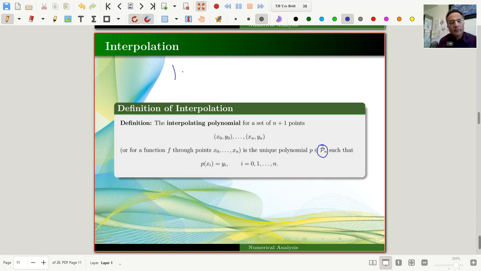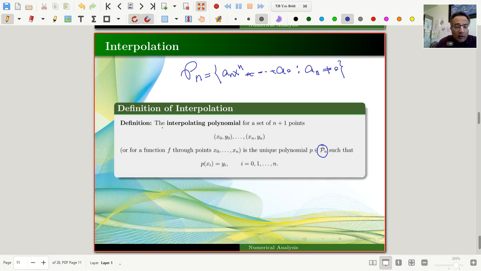Pn is the set of all polynomials of degree at most n, of the form an xn to a0 such that an is not equal to 0. This is the family of the polynomials of degree n.